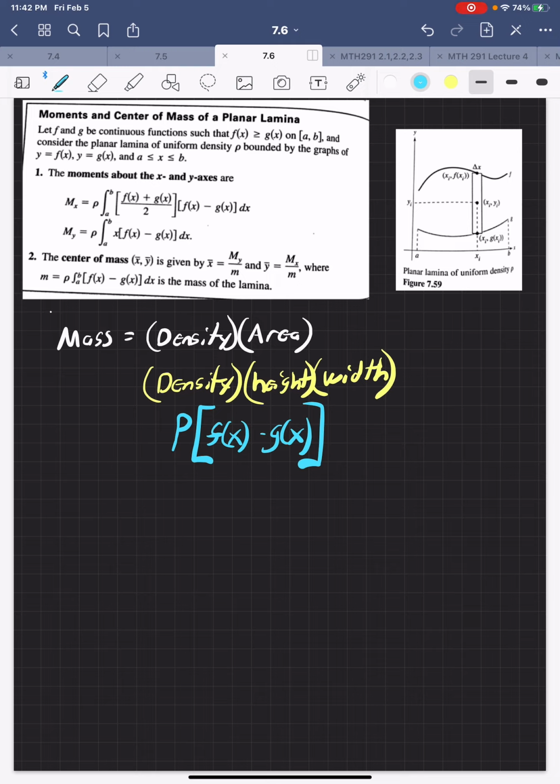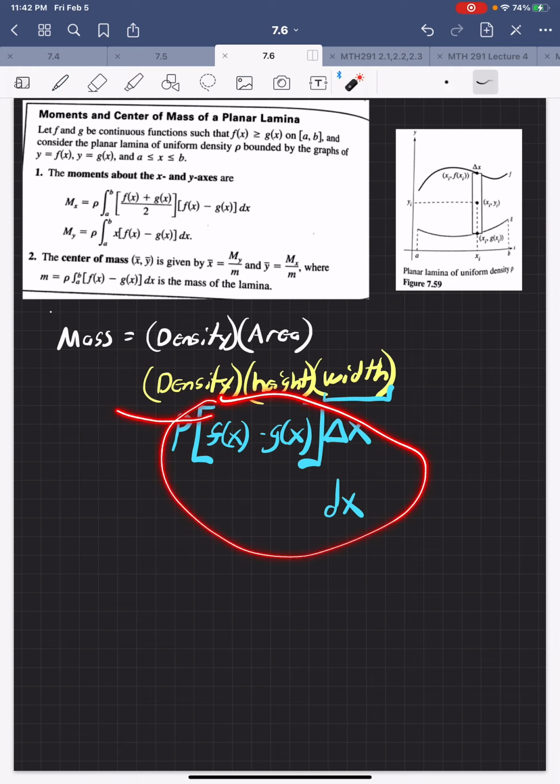And then the terminology we've been using for width has been delta x, or dx. So you can see how we can start to piece together this integration formula for mass, right? You can see where the dx comes from. This is literally just density, and then we have times height times width.